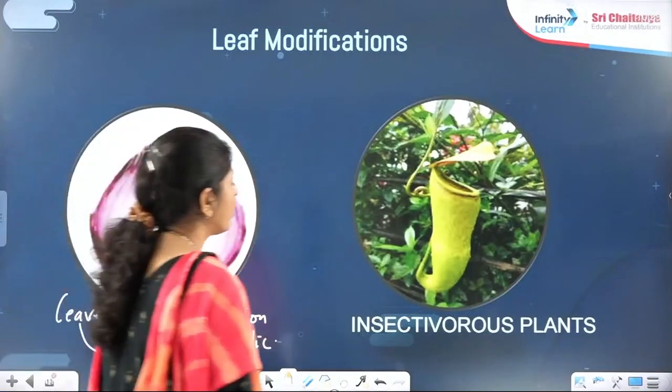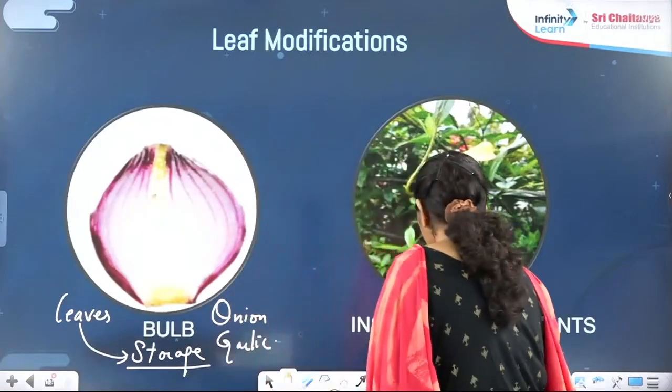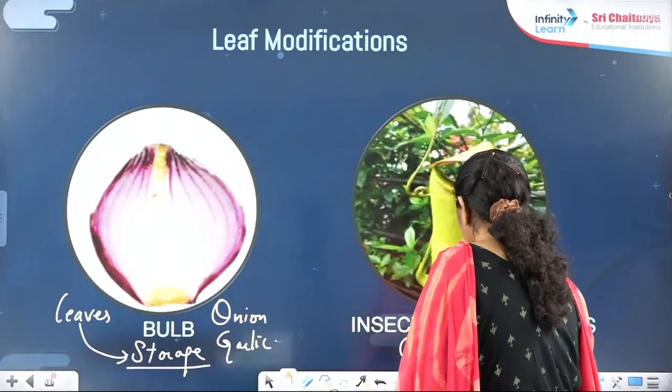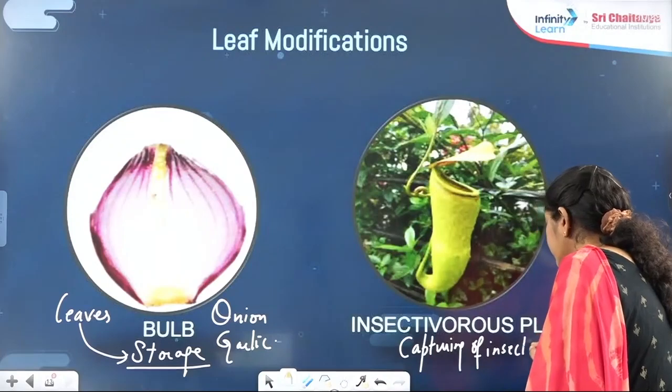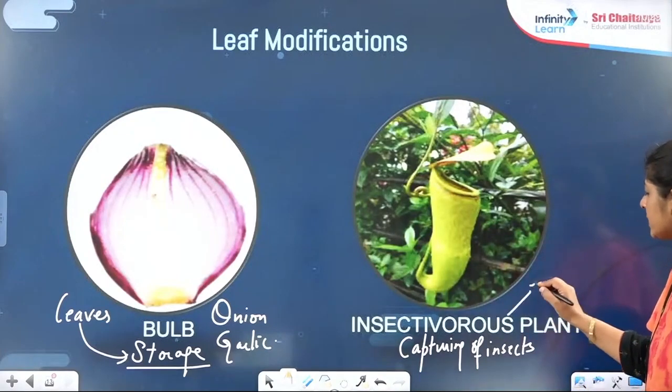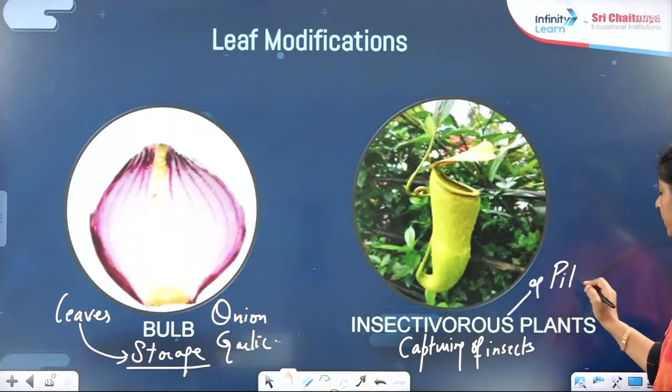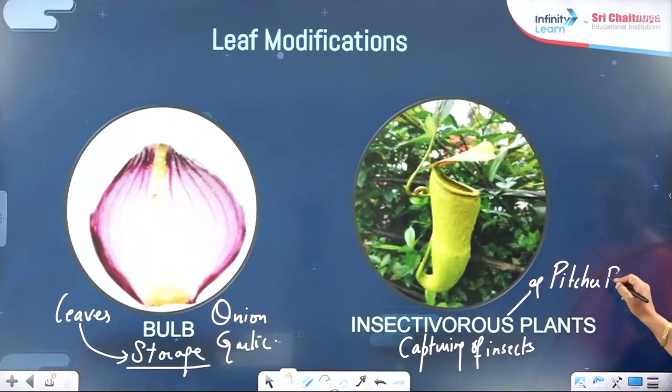Even it can perform the function of capturing insects, right? So here, for example, pitcher plant. Which example are we quoting here? Pitcher plant.